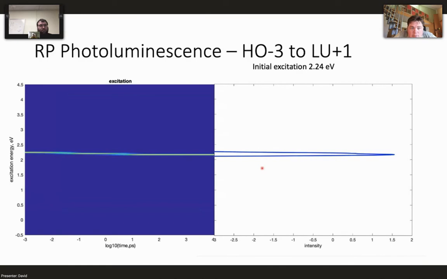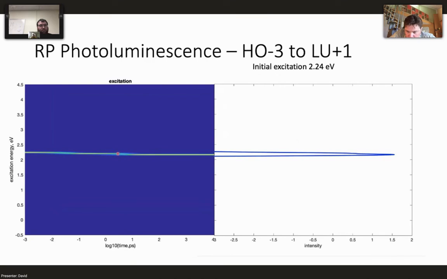For the Ruddlesden-Popper model, I'm excited from HOMO minus 3 to LUMO plus 1, and we end up with a relatively consistent peak, but we see at about 3 picoseconds, and what is that, 10 femtoseconds?